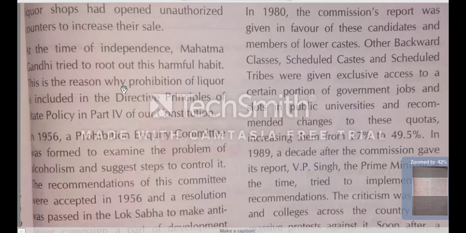This is the reason why provisions on liquor are included in the directive principles of state policy in Part 4 of our constitution.